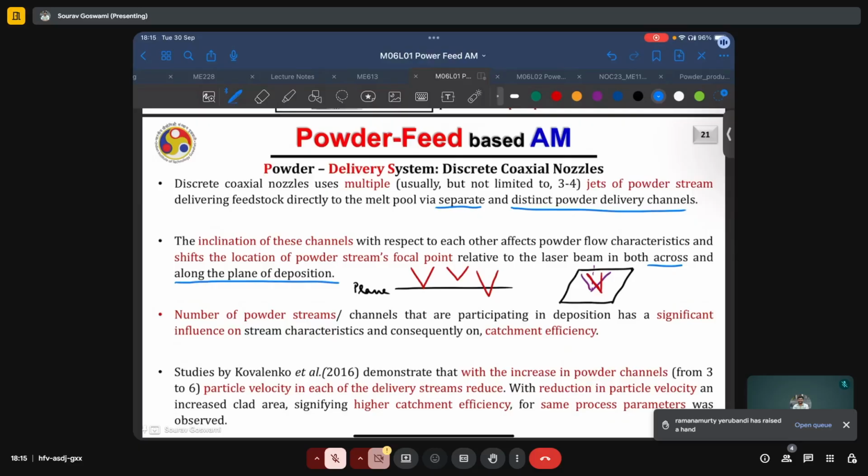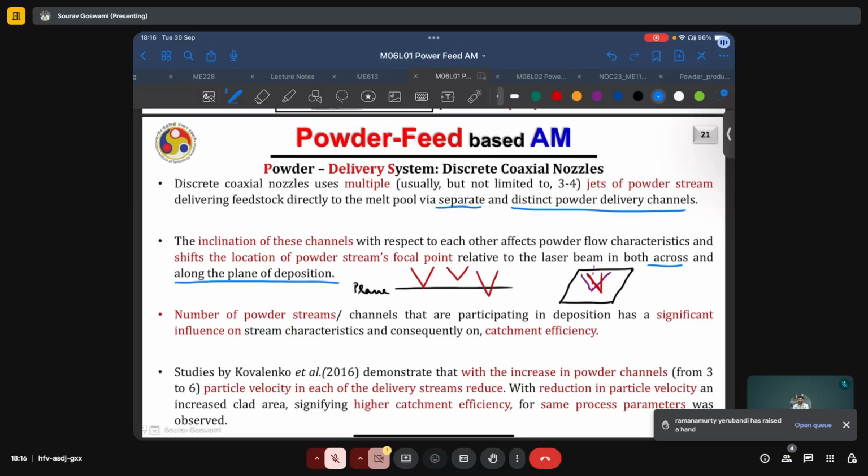Or it can also be that the powder focal spot size is larger than the laser focal spot size, and thus we do not expect all of the powder to be melted. And the catchment efficiency allows us to quantify the amount of useful powder, or the powder which actually went into building up the bead in such cases.